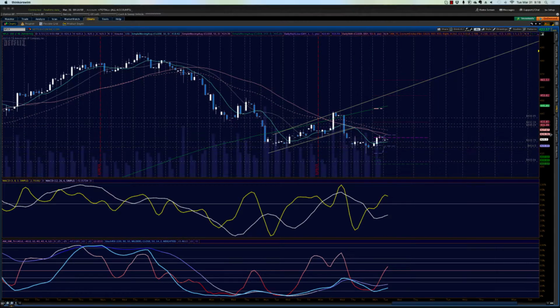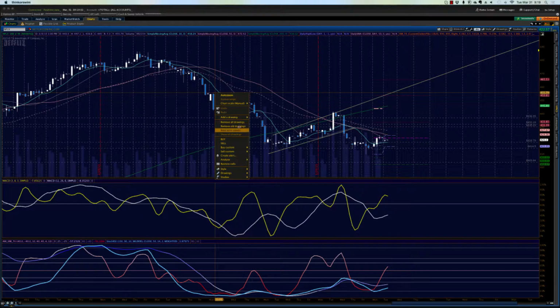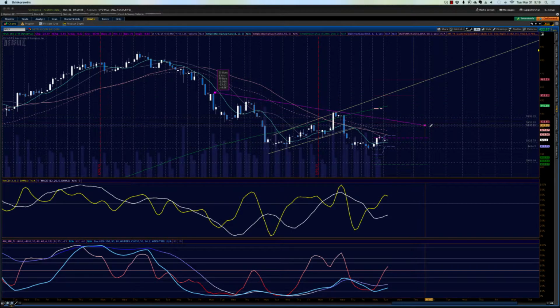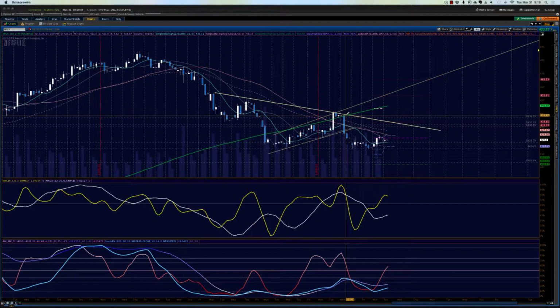All right. If we take a look at Netflix, let's take a look at the double bottom event. Double bottom event is showing us positive divergence with the slow MACD.